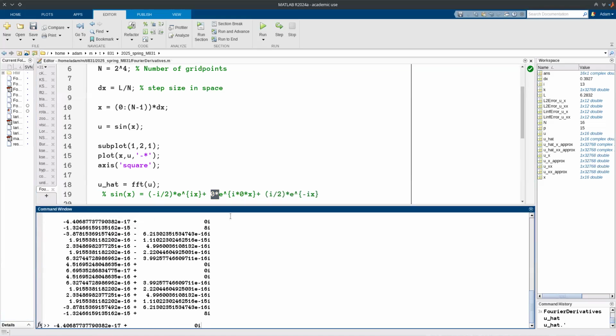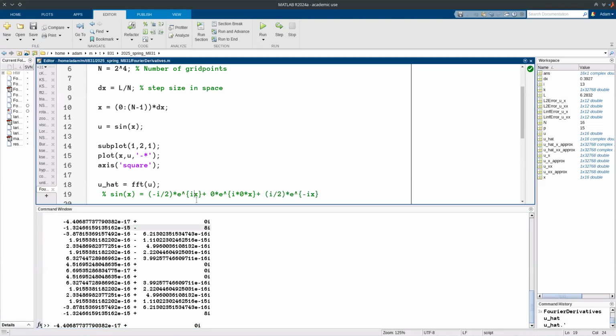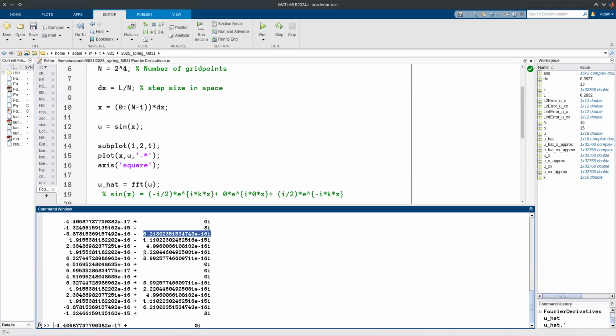It stores the 0th coefficient first, then the first coefficient, the one associated with e to the i times 1 times x. And in general, for e to the i times k times x, the positive k values are stored up here all the way up to the 8th value, and then after that it loops around and starts listing the negative ones.